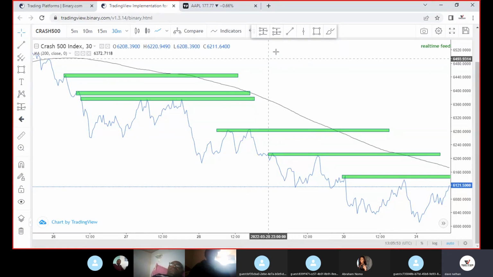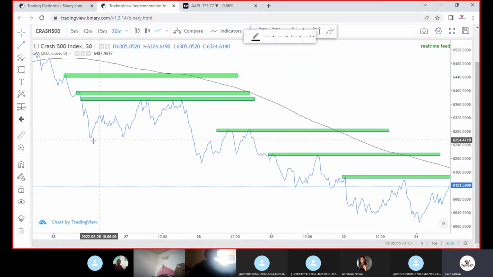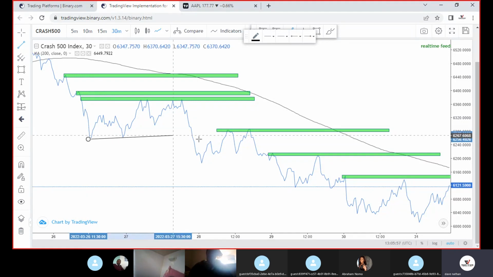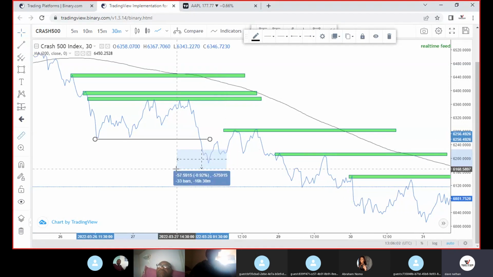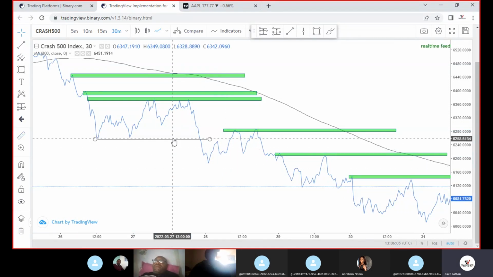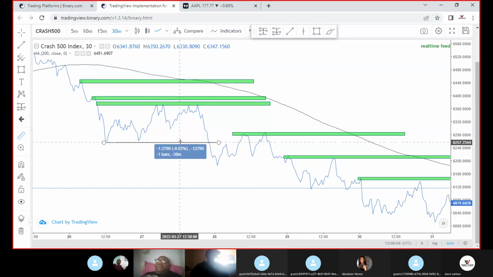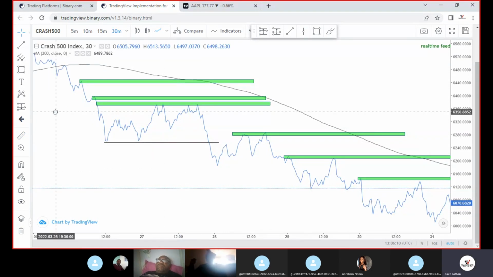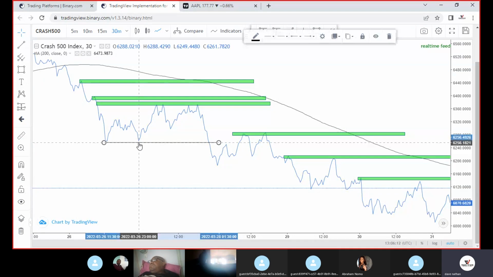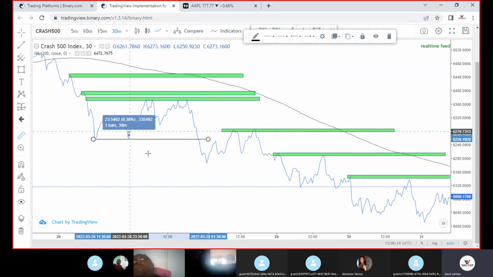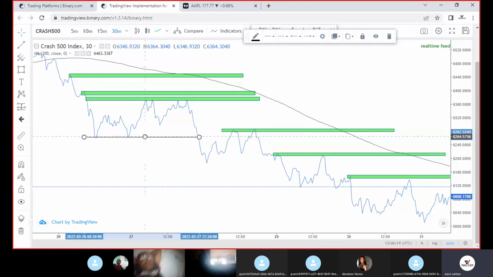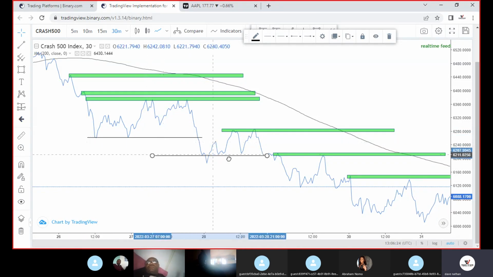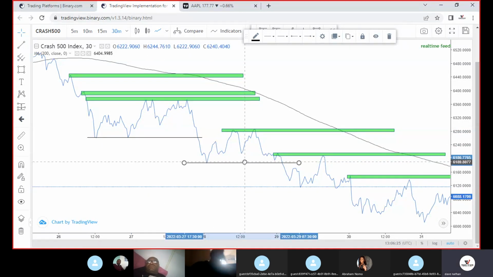All right, so remember, we are marking all the support that was broken. Remember, we're in a downtrend, so we are looking for only sell signals.